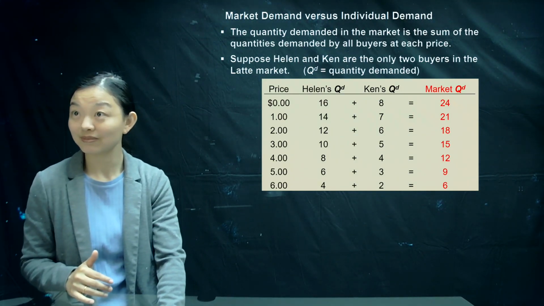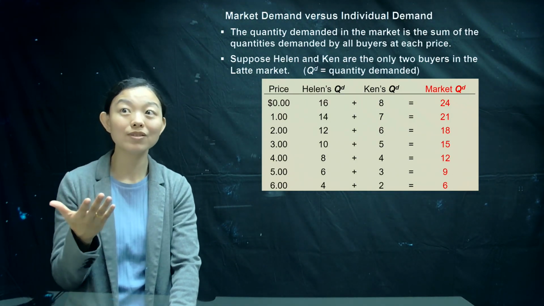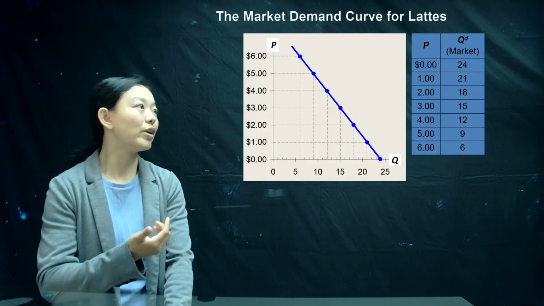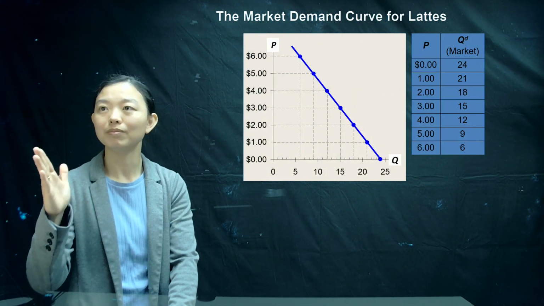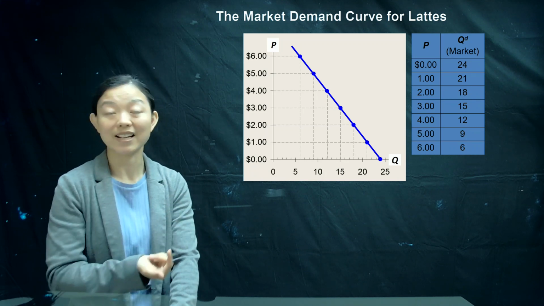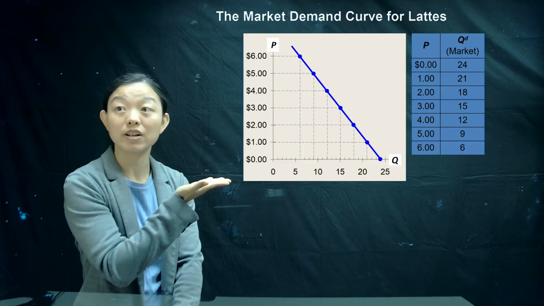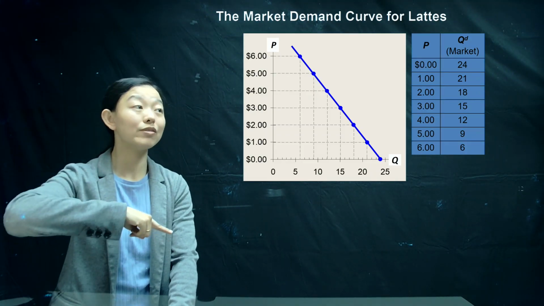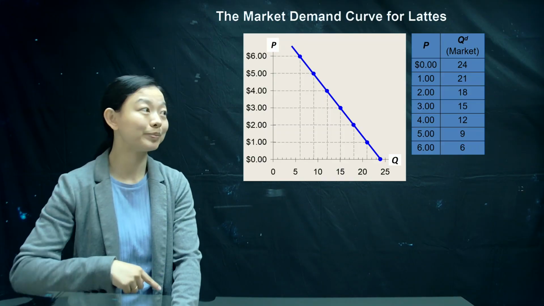Make sense? Then let's move on to derive the market demand curve. Based on what we just have for market demand, we can draw the market demand curve for lattes. Still put the quantity on the horizontal axis and price on the vertical axis. Then the demand curve is downward sloping.